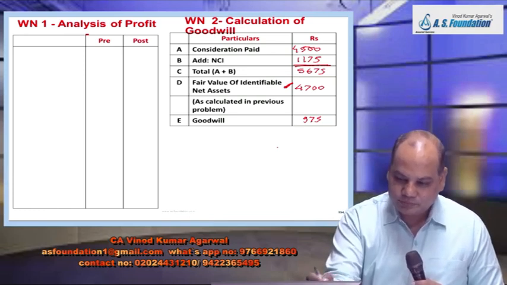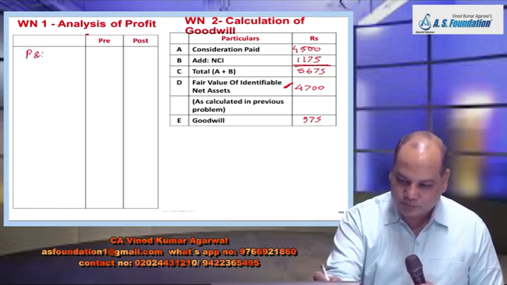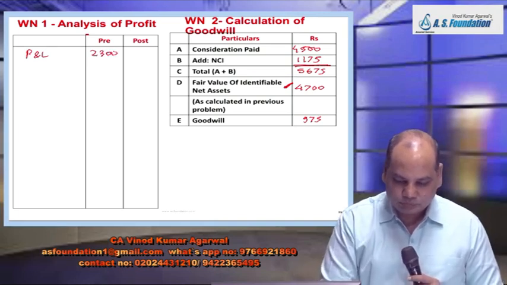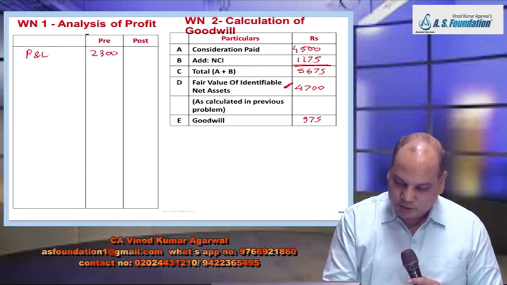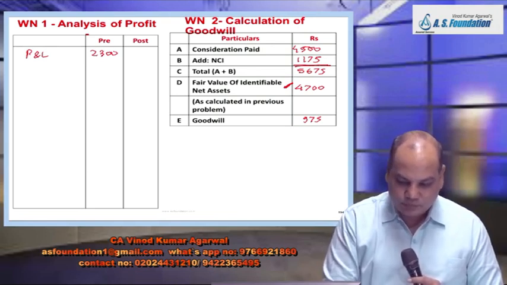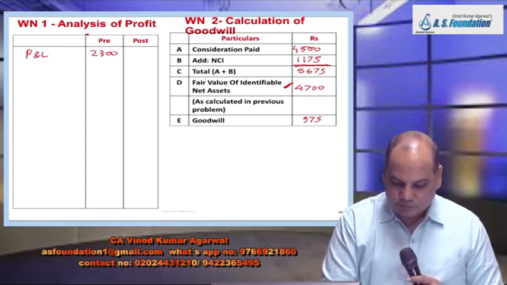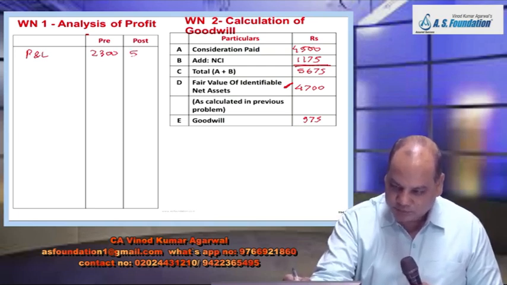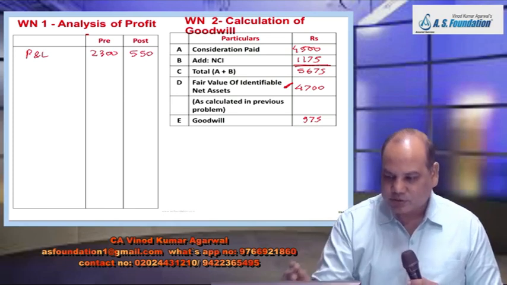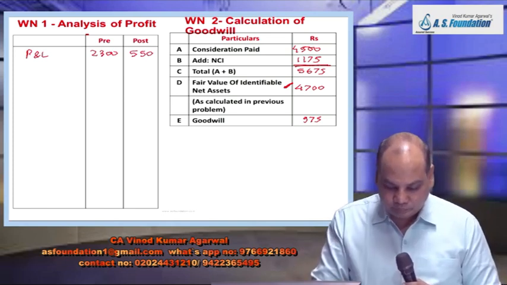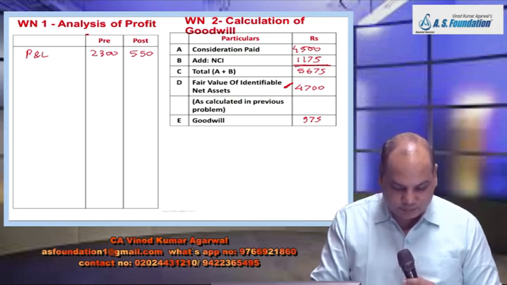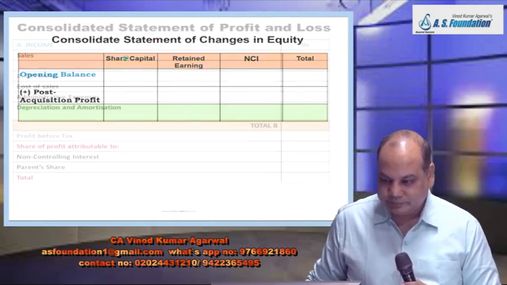So right here in working note 1 P&L account, pre-acquisition was how much? 2,300. You will find in question number 24, and now it is 2850. So you put 550 here, and then we'll do some adjustments. So is it matching 2850? Yes.